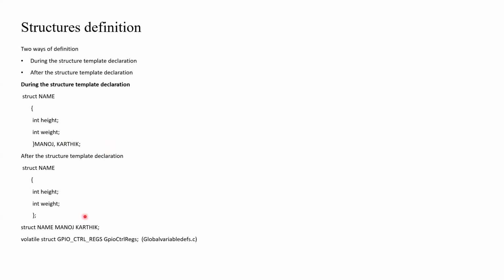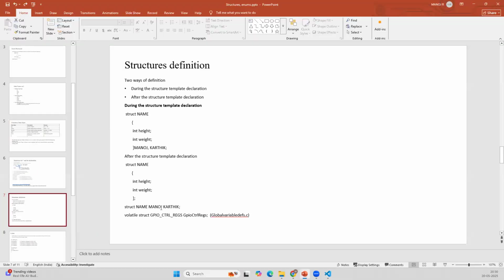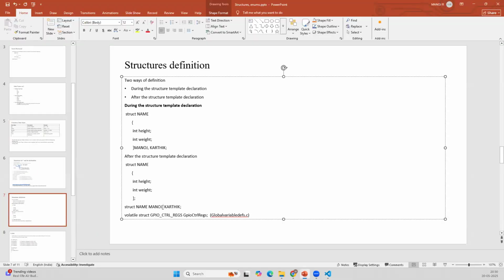The other way is after the structure template declaration. There we just write the struct name and then Manoj, Karthik. This says that there are 2 different variables with the same struct name data type.